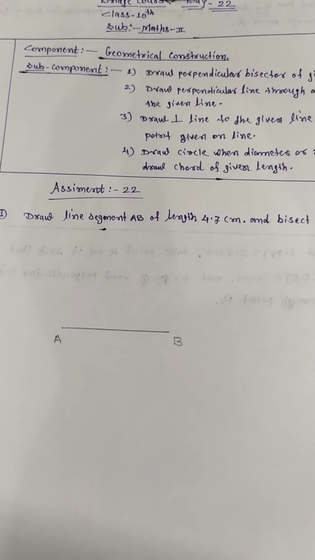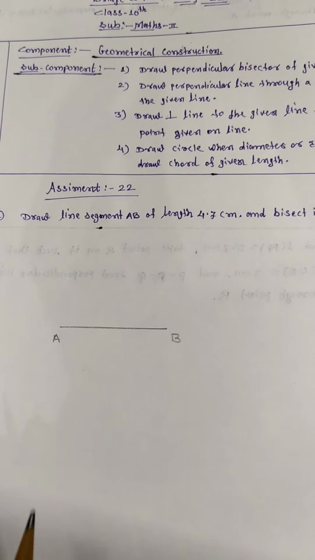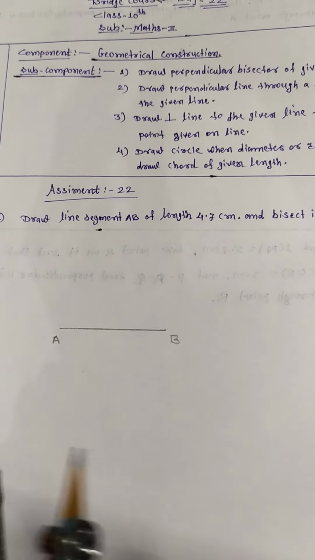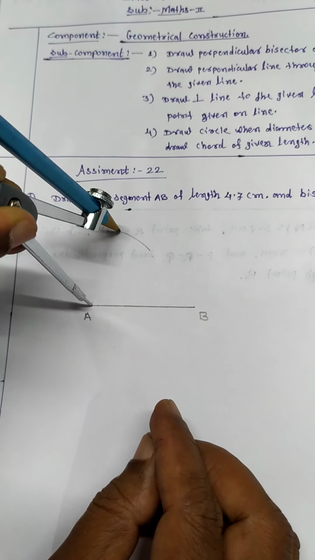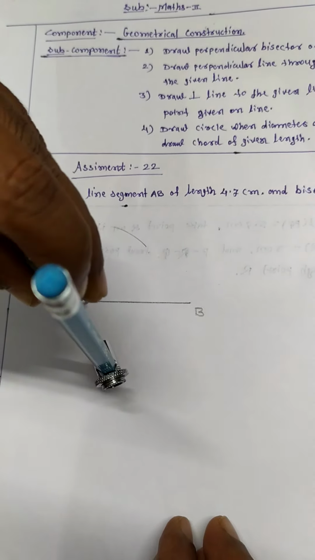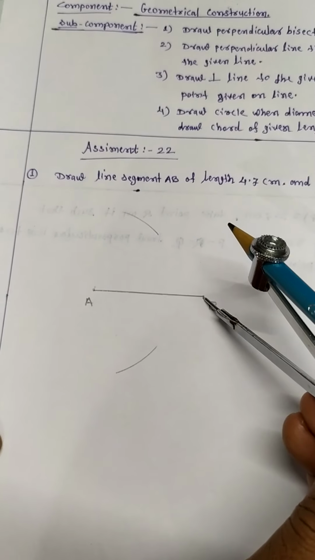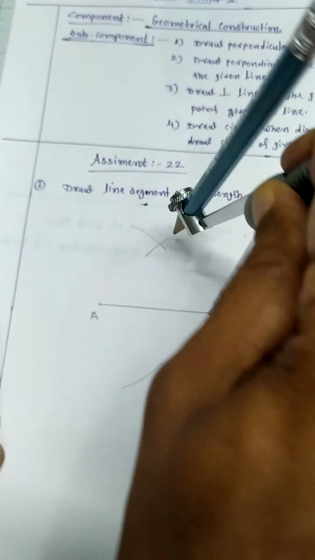Now take the compass. Take this compass on point B and take more than half the distance of this line segment, and make an arc above this line segment and also below it. Now with the same distance take this compass on point A and mark arcs above and below.